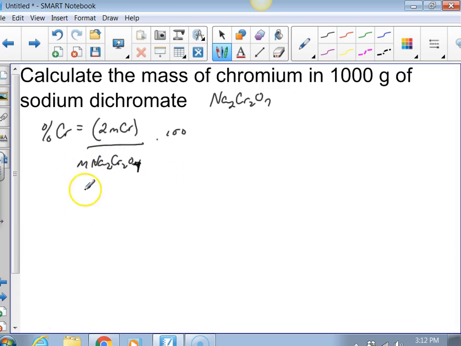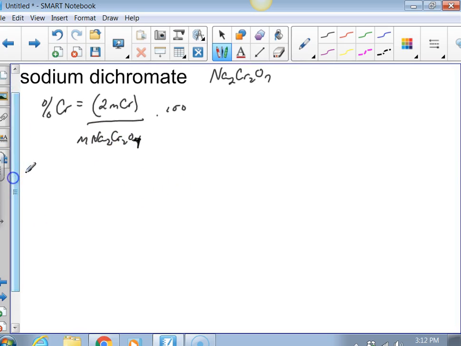So two things that we need. We need the mass of chromium and we need the mass of sodium dichromate. So let's speed up the finding of molar masses. We have Na2Cr2O7.